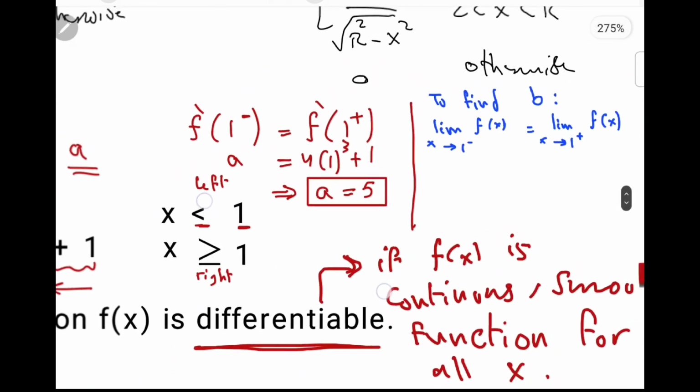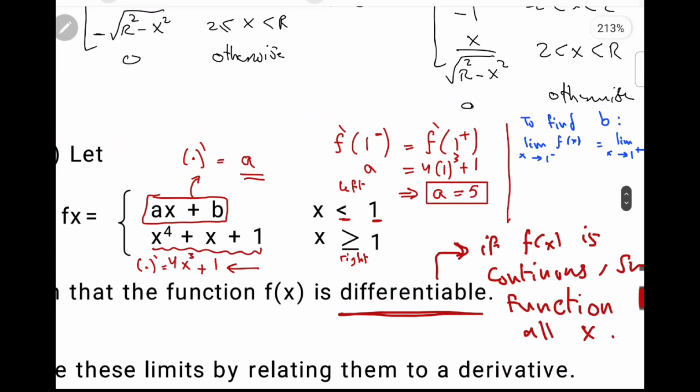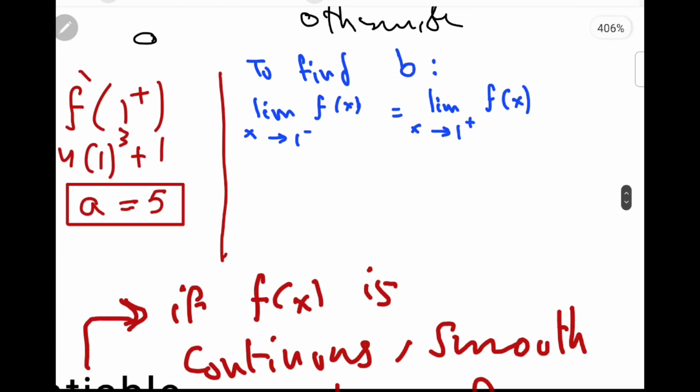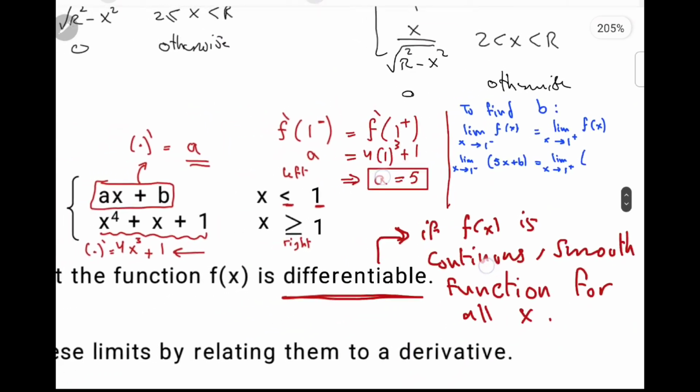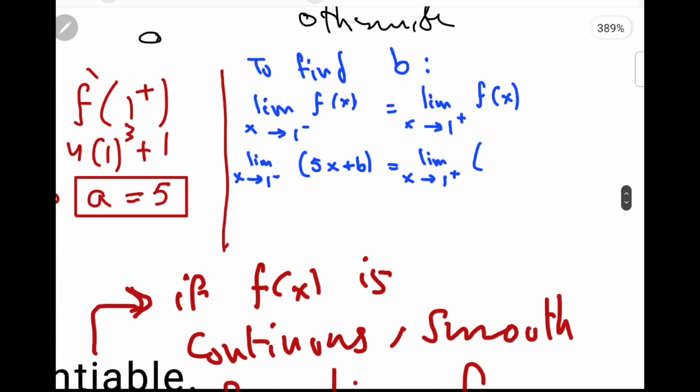So the limit of f of x as x approaches 1 from the left has the form ax plus b, but a is equal to 5. So this will be equal to the limit as x approaches 1 from the left of 5x plus b, equal to the limit as x approaches 1 from the right of x to the 4 plus x plus 1.